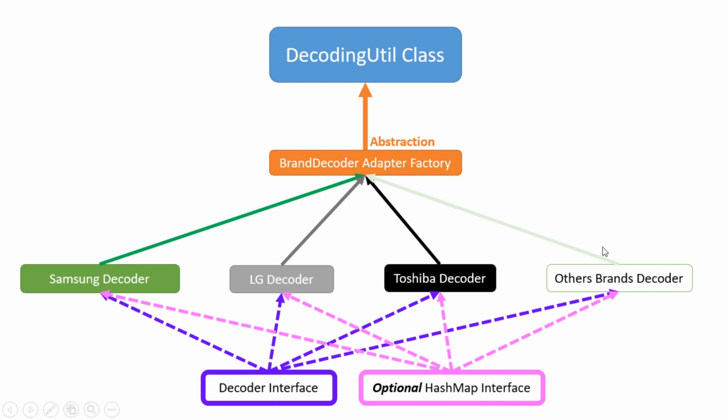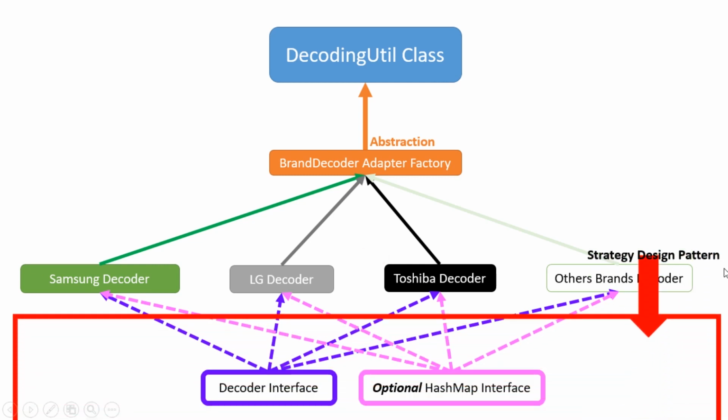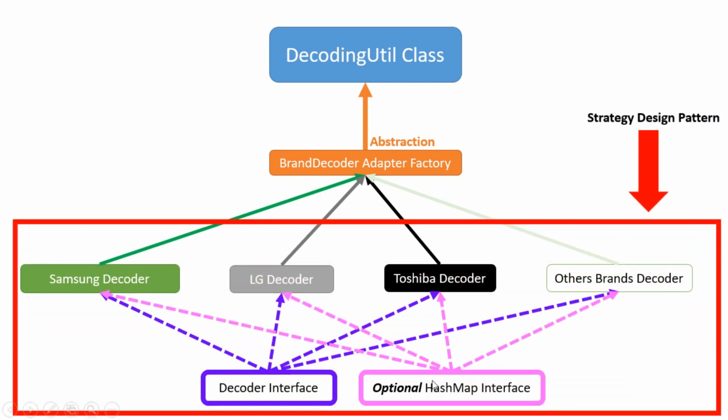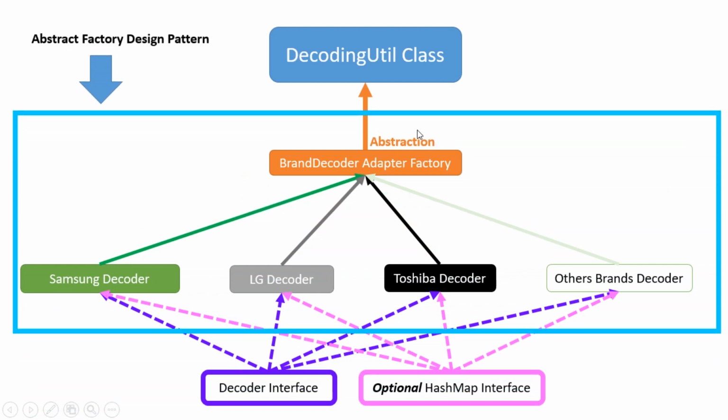Now, after having this diagram, you will probably think, how can you come up with this solution? I'm not really the best with design patterns, but I think the bottom area, in this red container, is called the strategy design pattern. And the middle area, which provides each type to that factory, and that factory provides for the decoding utility, is called the abstract factory design pattern.